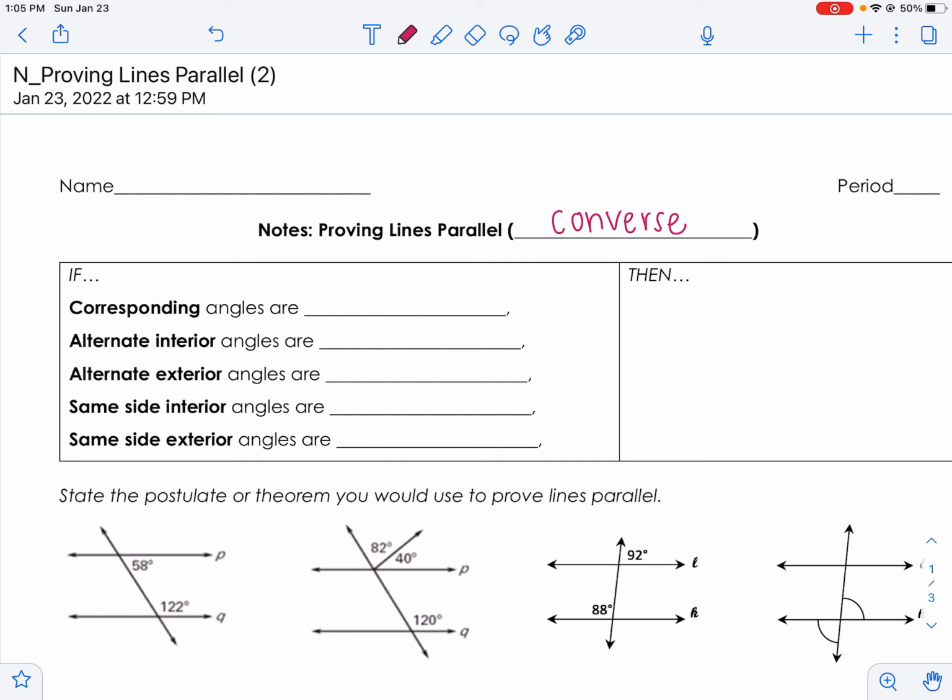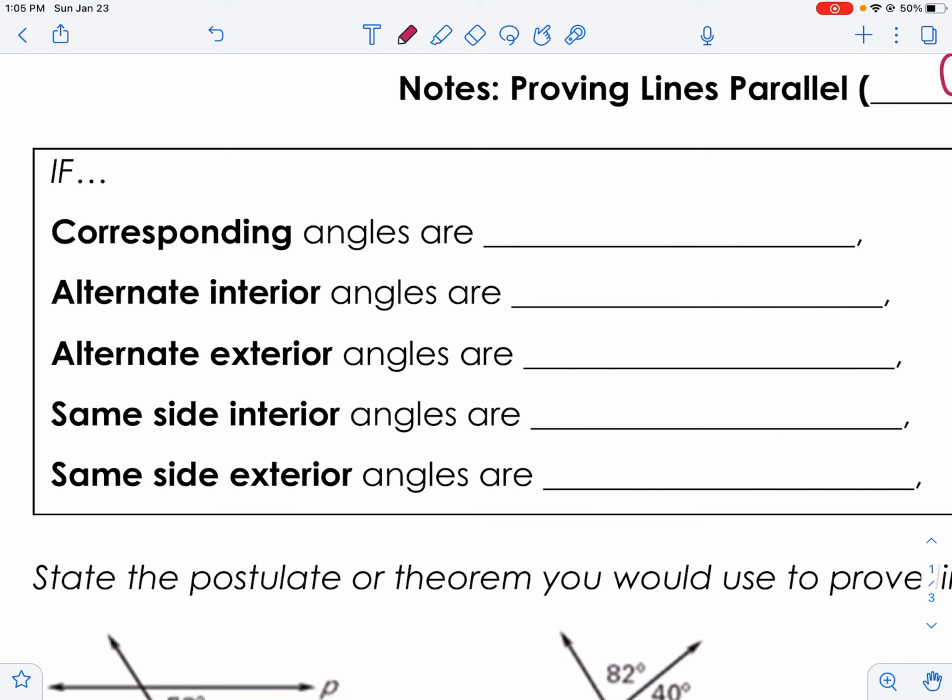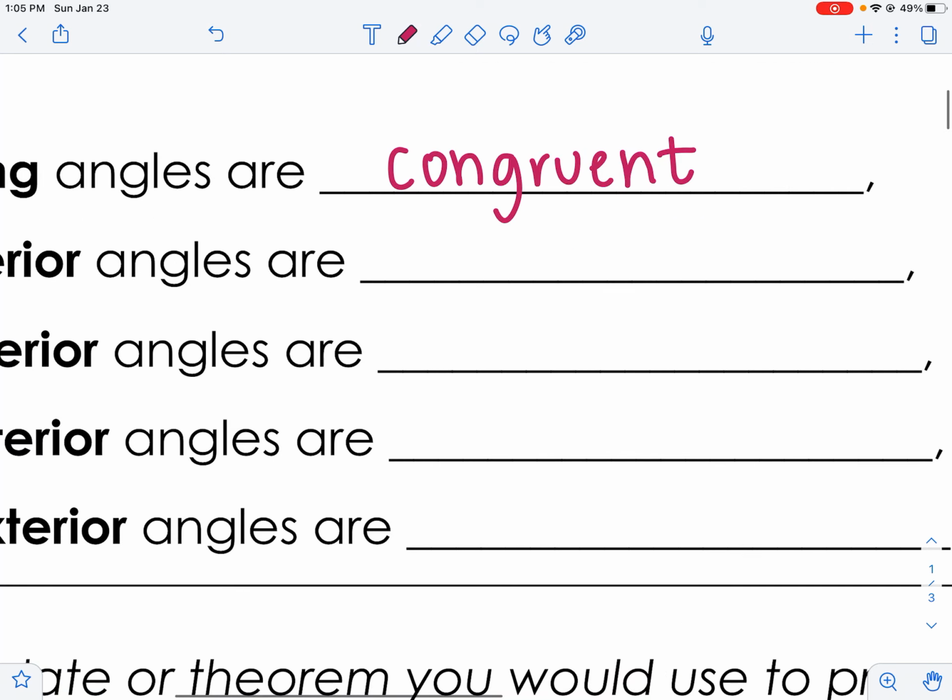So the way that works is, we can't just look at the picture. Now you check to see, are your corresponding angles congruent? Because if the corresponding angles are congruent, well then your lines are parallel. It's the flip of what we did the other day. You check to see, are the alternate interior angles congruent?